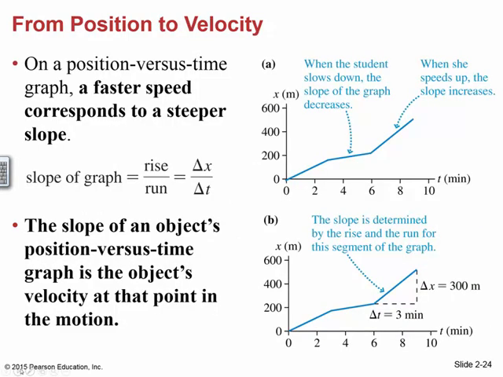Now, what does a graph tell us? Well, hopefully you understand from when you took algebra that anytime you have a steep line, that means that something is speeding up. In other words, the rate of change in the y is much greater than the rate of change in the x. Therefore, that tells us something is increasing at a pretty good rate.